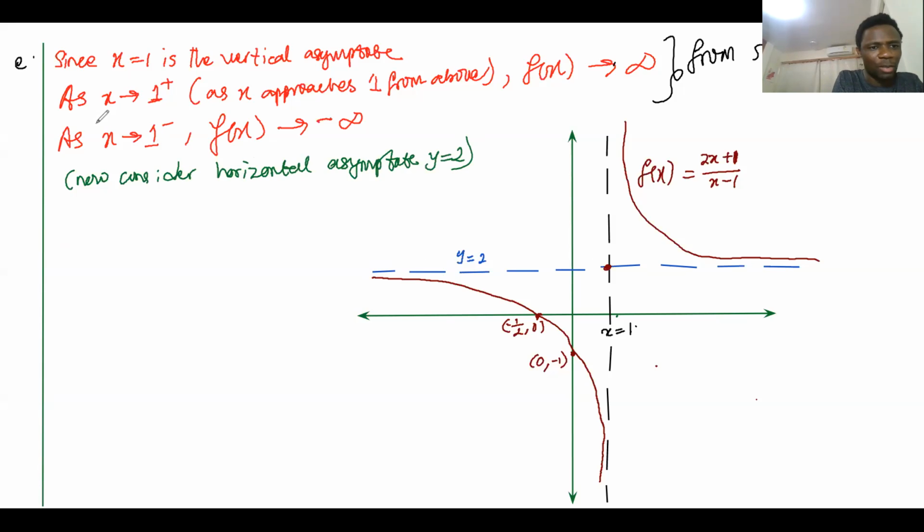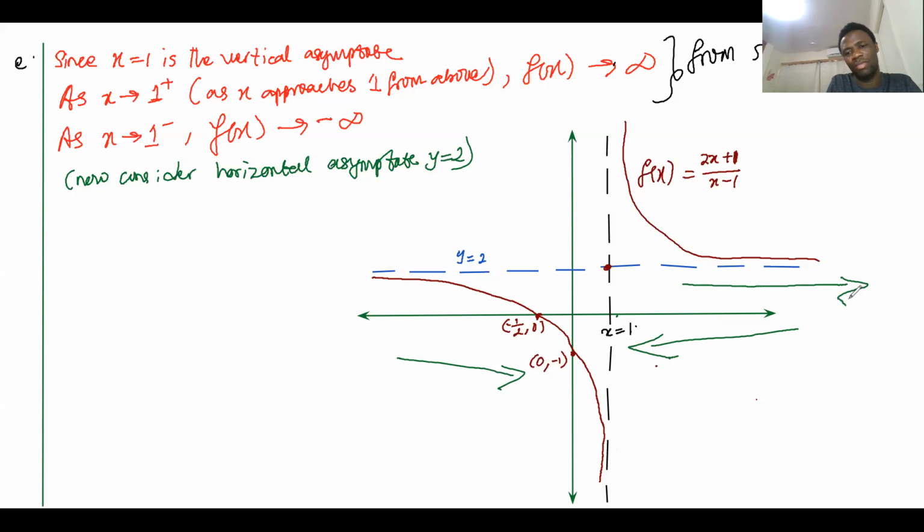Remember, here we started with x approaching 1 or minus 1. The only thing we can say about x here is that x is going towards infinity and x is also going towards negative infinity, so there are two directions. The graph is coming close to the vertical asymptote on this side and on this side. For the horizontal asymptote, the graph is moving towards infinity on the positive side, and for the other one, the graph is moving towards infinity on the negative side.